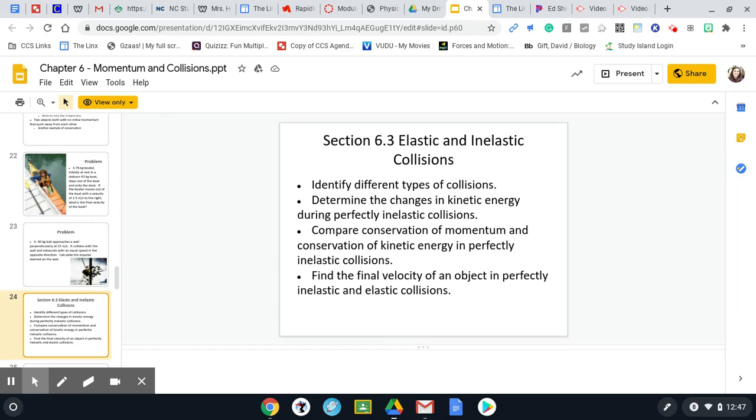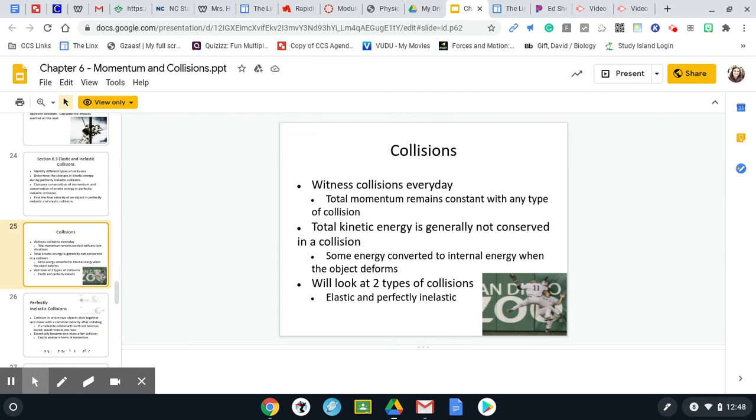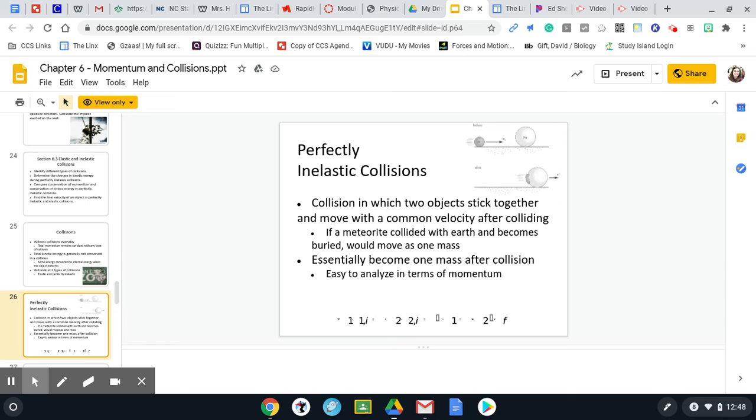Perfectly inelastic collisions are easy to analyze in terms of momentum because the objects become essentially one object after the collision. The final mass is equal to the combined mass of the two objects, and they move with the same velocity after colliding. So we have another formula that we are going to use for perfectly inelastic collisions.